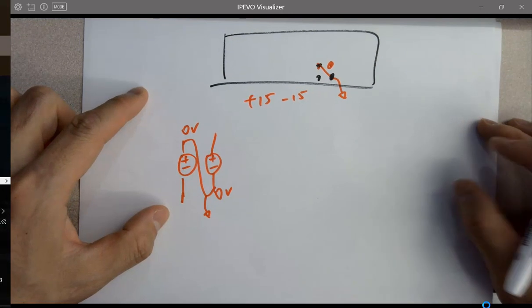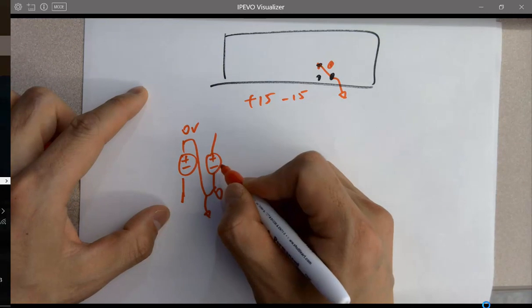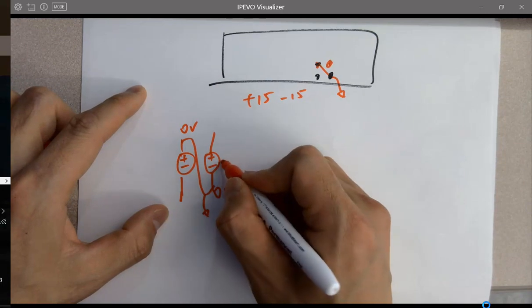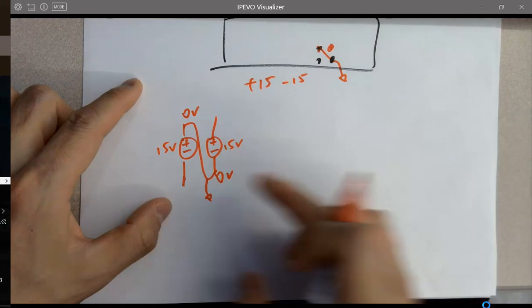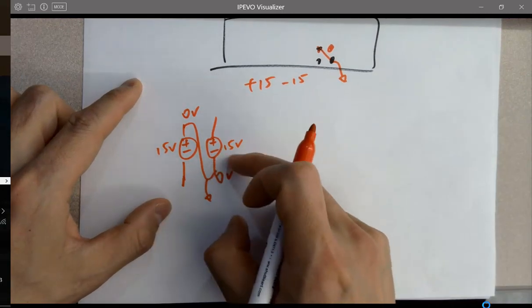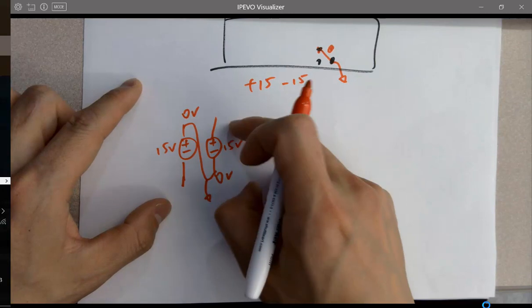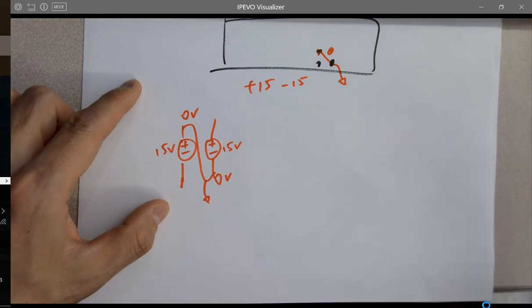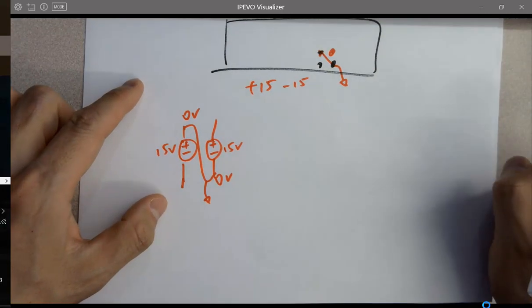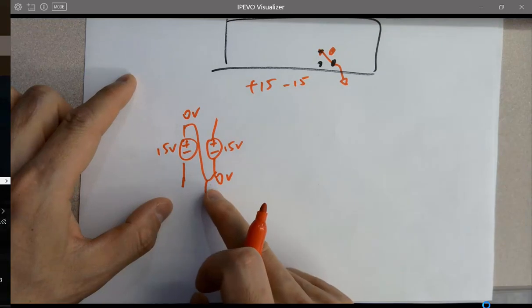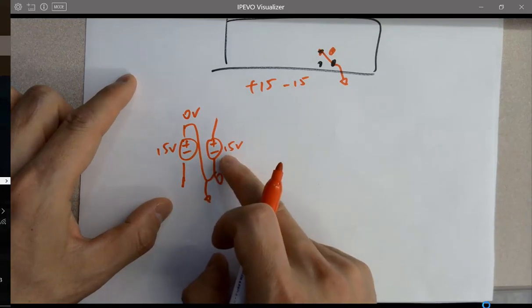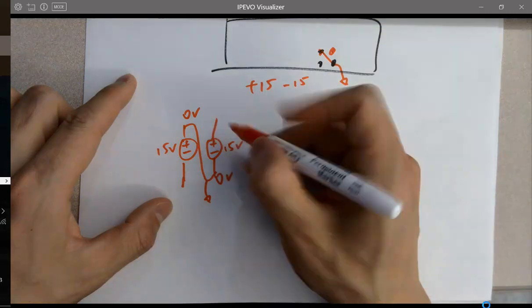This battery, I told you, you can set it up as 15 volts. If you set it up as 15 volts, it's going to boost the voltage from here to here by 15 volts. Definitely, don't doubt it. So what's the voltage here? 0. Being boosted by 15 volts by the battery, what's the voltage here?